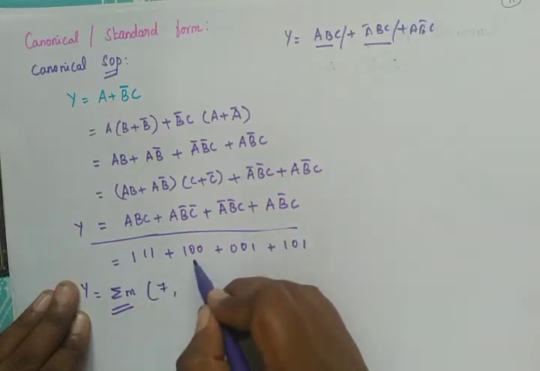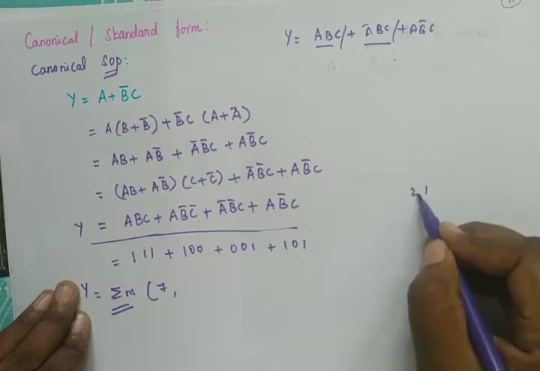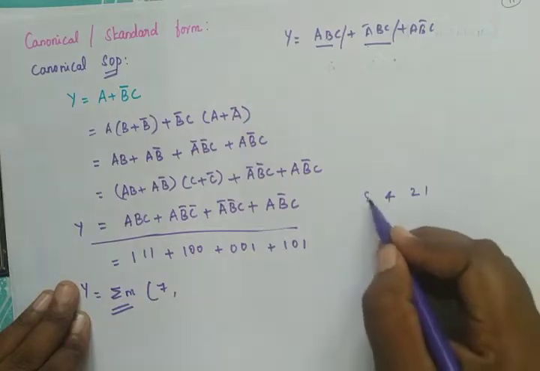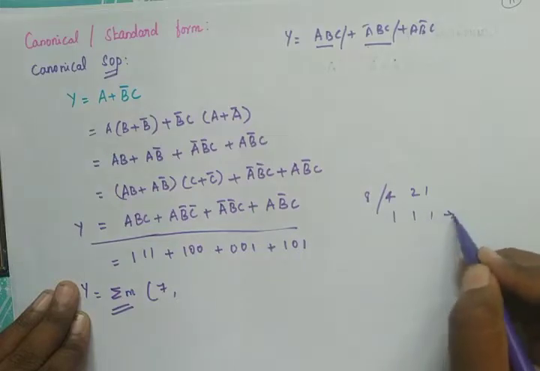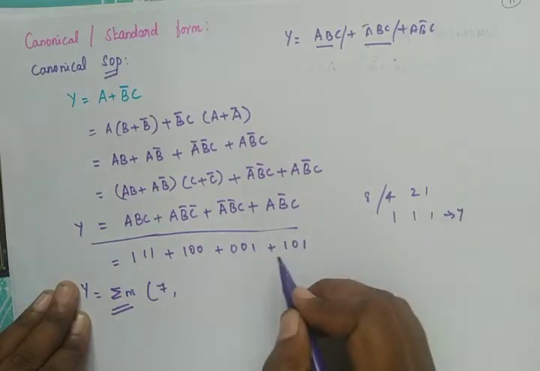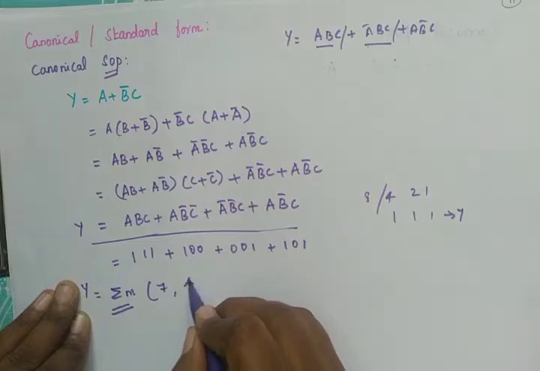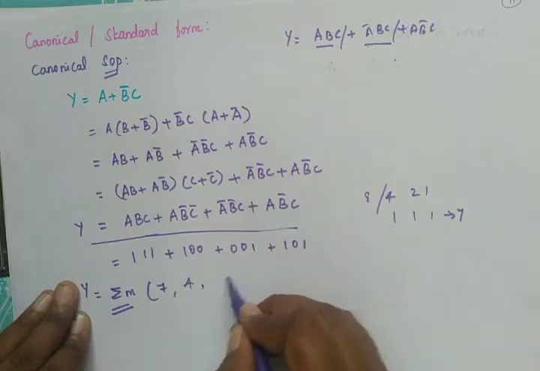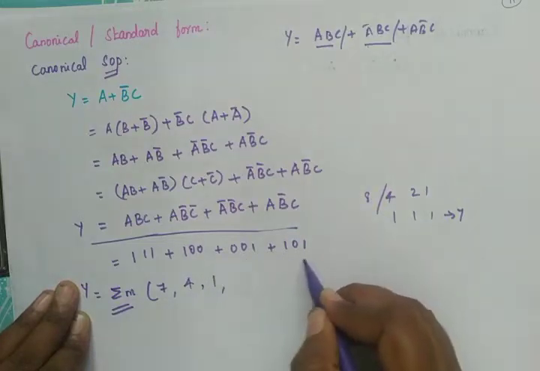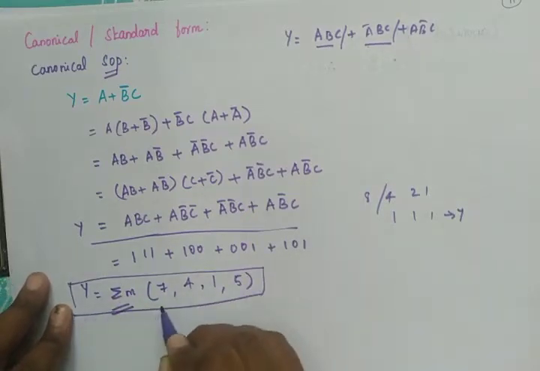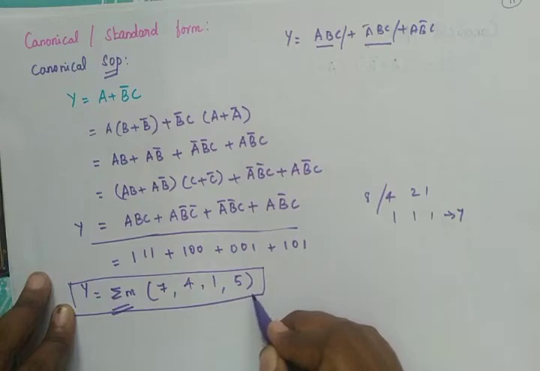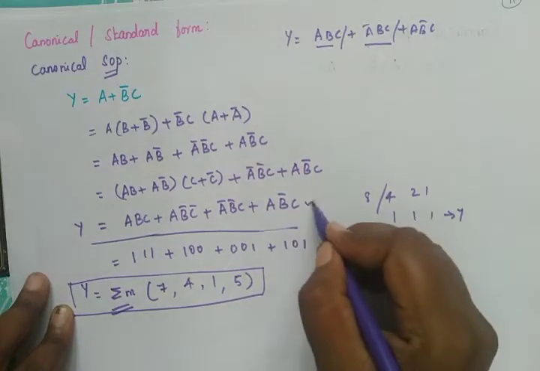Using the 8421 code, and here we have only 3 bits. So 111 represents 7. This we know very well. And here 100 represents 4, 001 represents 1 and 101 represents 5. So y = summation m (7, 4, 1, 5). This is the equivalent number for this expression.